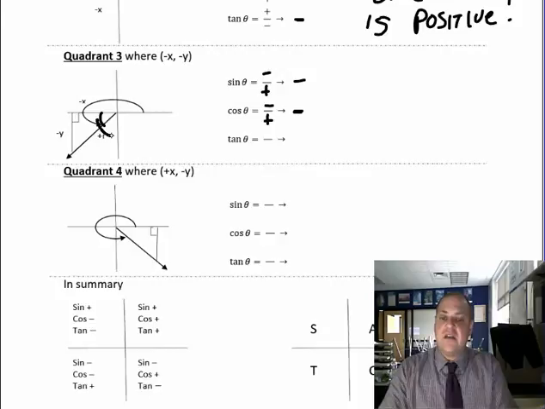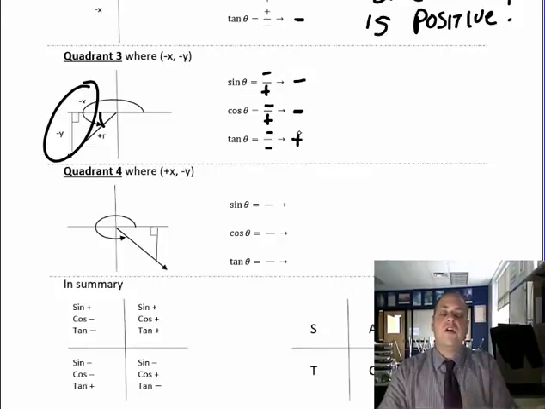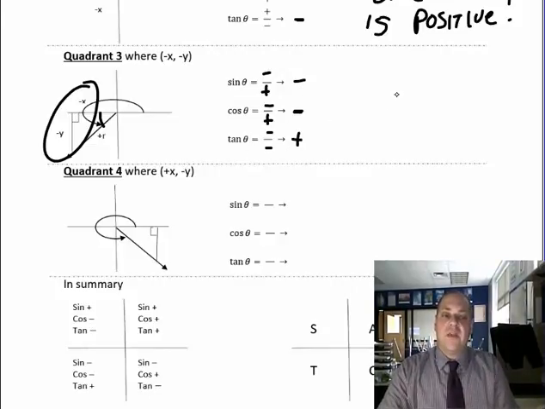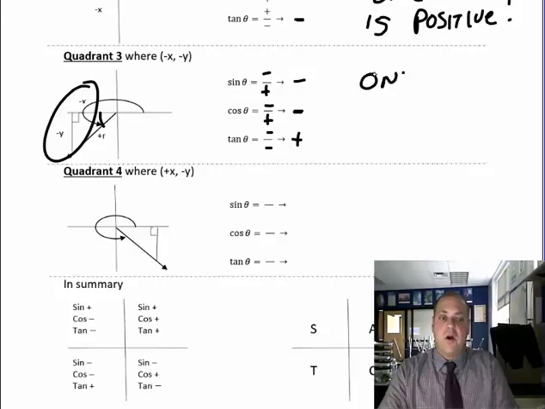The tangent of this angle, opposite over adjacent, look at these two. It's negative divided by a negative. A negative divided by a negative is a positive. So only the tangent is positive in quadrant 3.